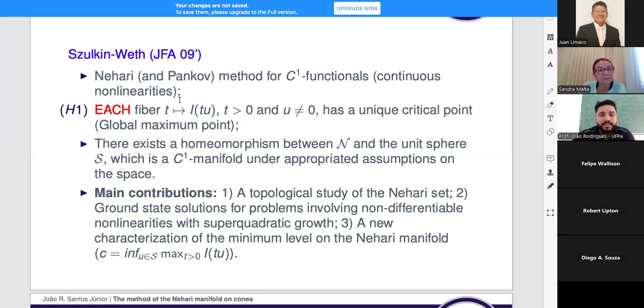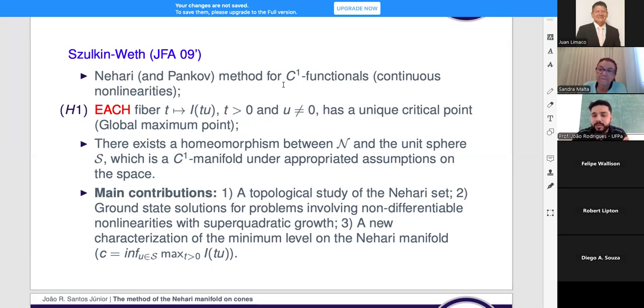The idea in the paper of Szulkin and Weth was to study the Nehari and Pankov method for functionals of C1 class, and we have many applications if we consider functionals of C1 class, because this means that you can consider, for example, some elliptic partial differential equations with the right-hand side involving only a continuous nonlinearity.